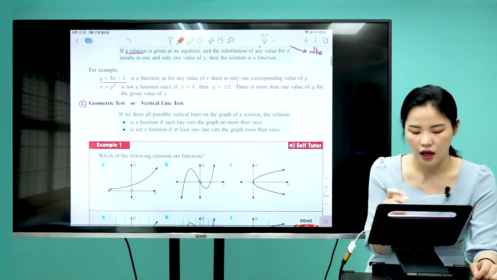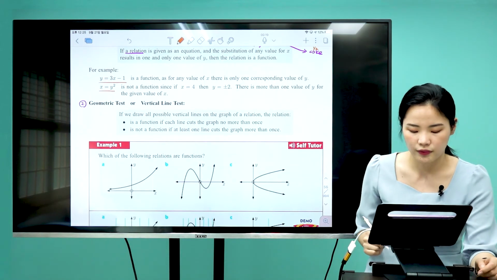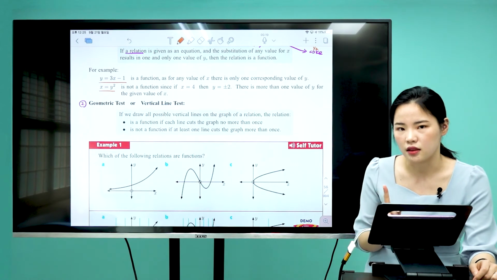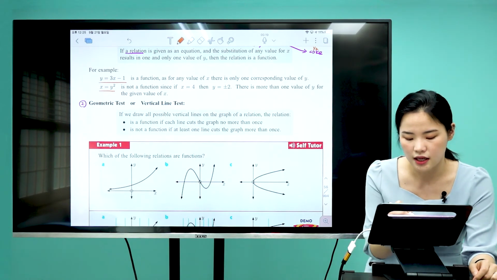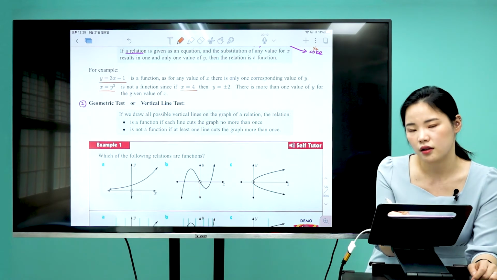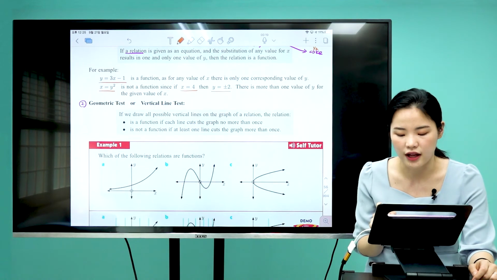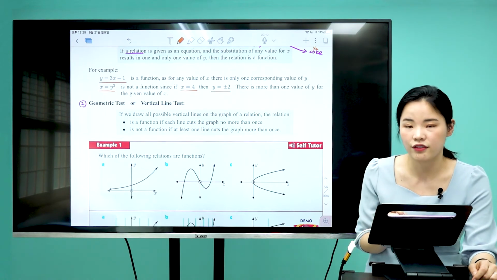However, if x equals y to the power of 2, it becomes not a function, because when x is equal to 4, y will have either positive 2 or negative 2. There is more than one value of y for the given value of x.